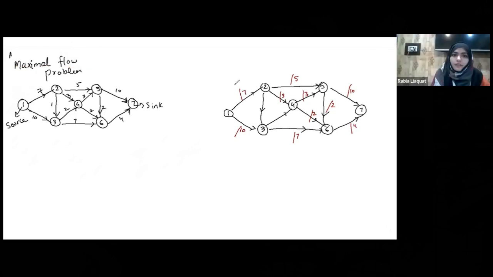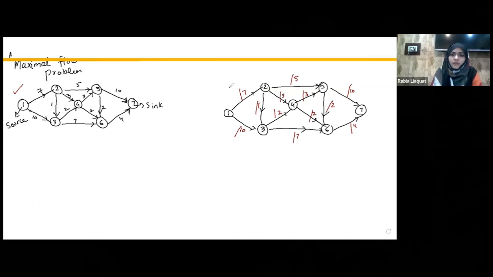From this graph, okay, this problem is given and the order is already given to you.